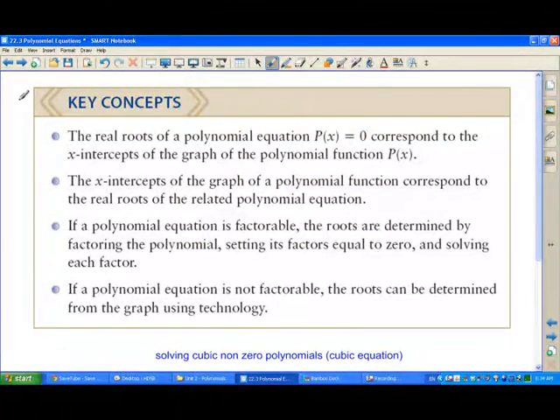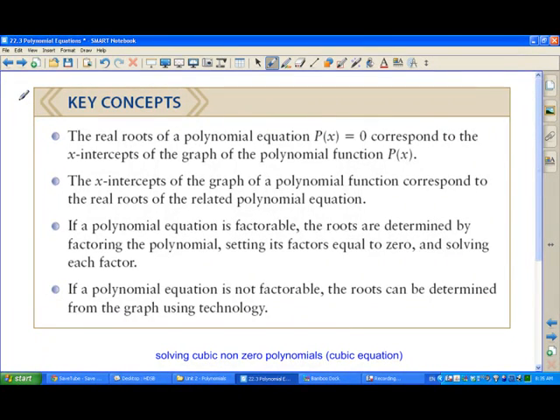So just to summarize, we'll go a little bit further tomorrow in class, but the roots of a polynomial equation correspond to the x-intercepts of the graph. And if we can factor a polynomial equation, then we can set the polynomial equal to 0, do our factoring either by grouping or by our polynomial long division.